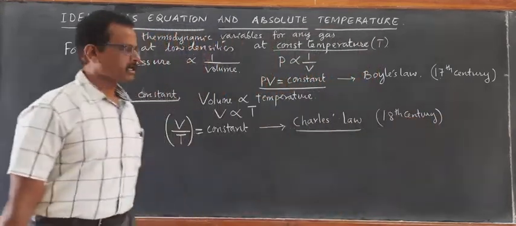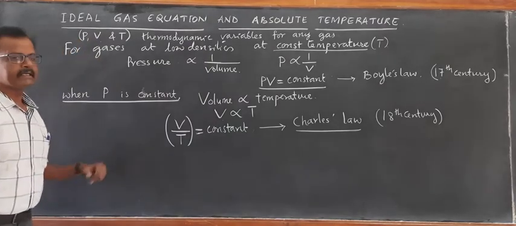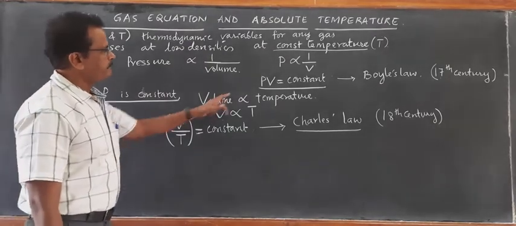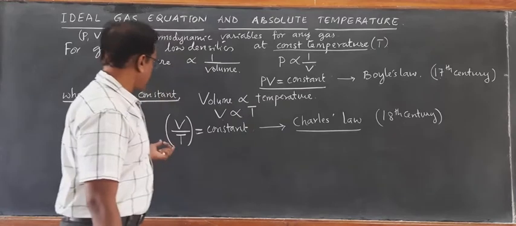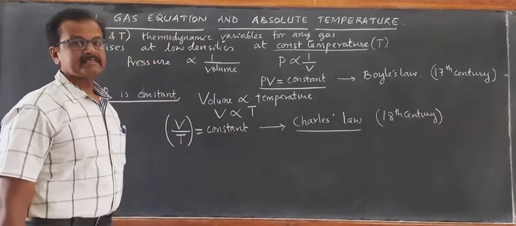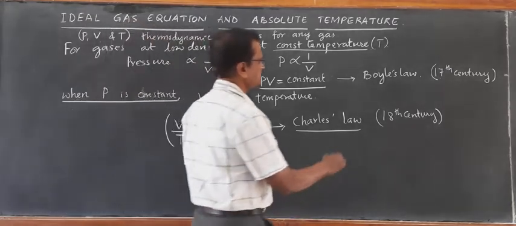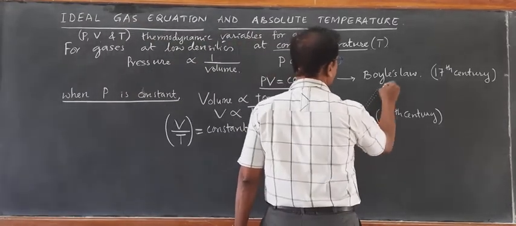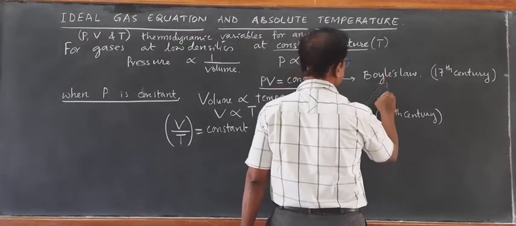In chemistry also you are learning in detail. So PV is equal to constant and V by T is equal to constant. These are called gas laws.